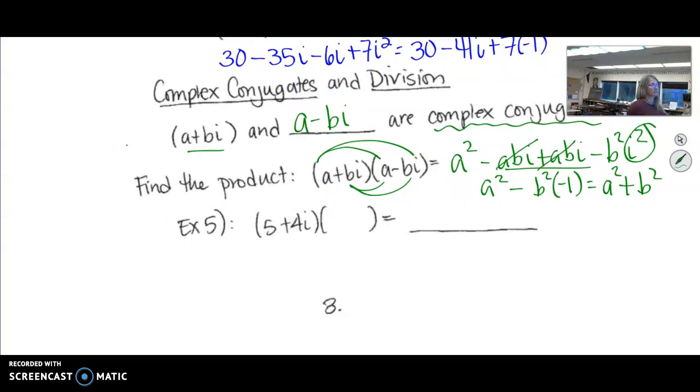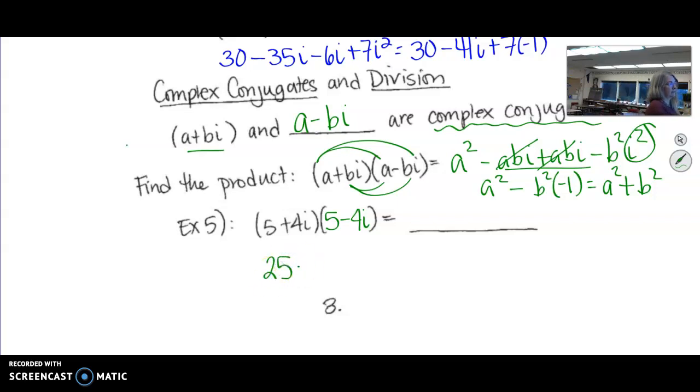All right, so if you want to multiply example 5 by its complex conjugate, we would multiply by 5 minus 4i. FOIL that and then get the result and see if you can get the same thing I'm getting.